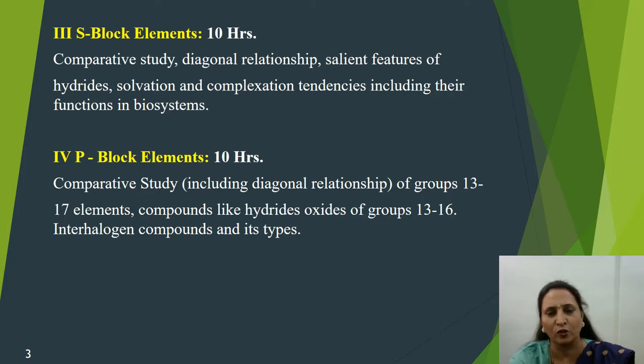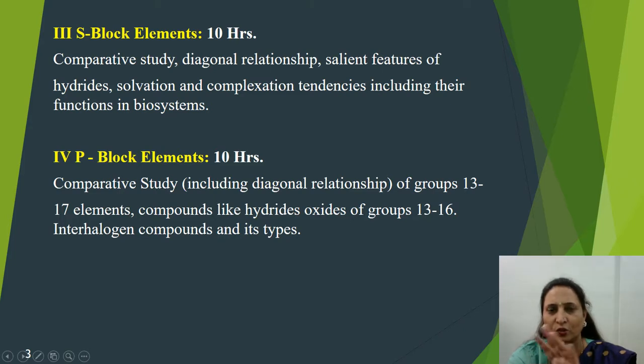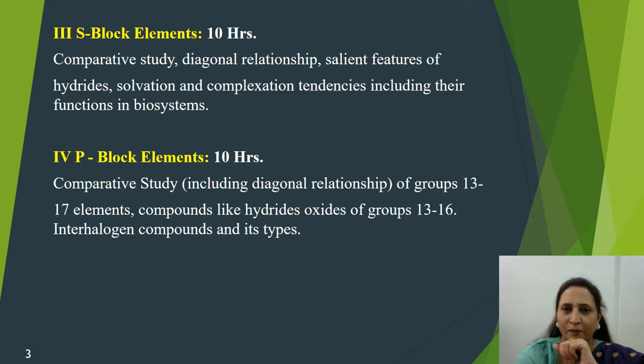It also includes compounds like hydrides, oxides of group 13 up to group 16, and it also includes interhalogen compounds and their types. So this is your syllabus, which includes a total of 4 chapters and these subtopics.